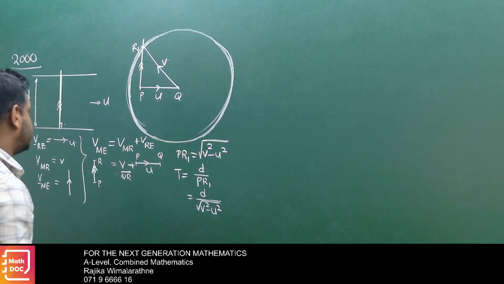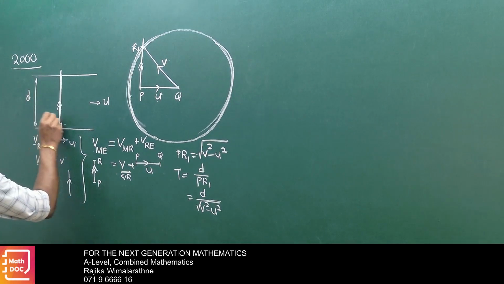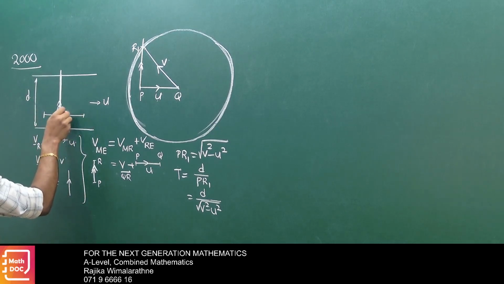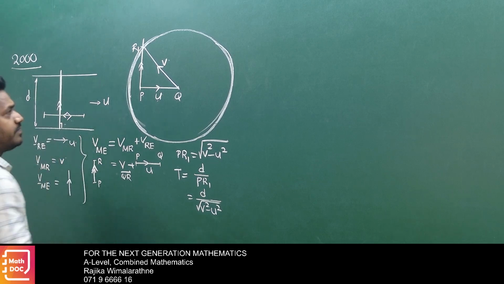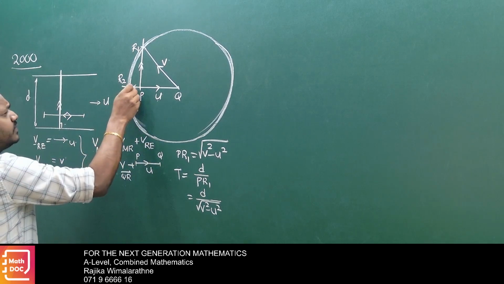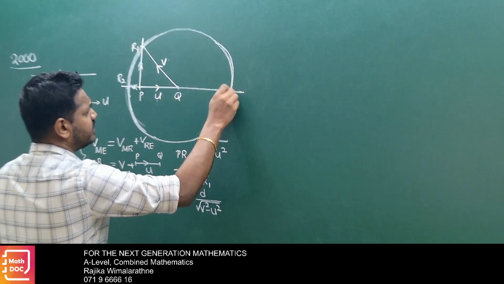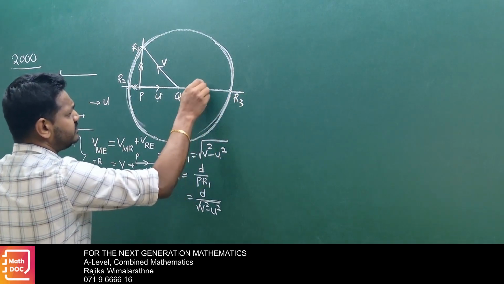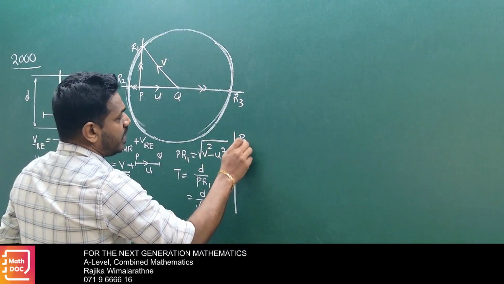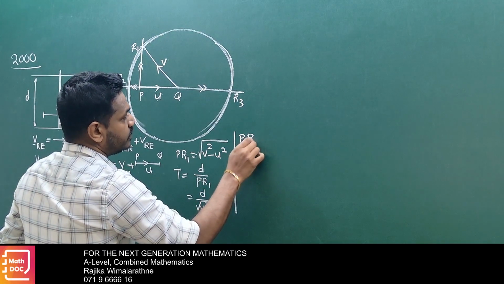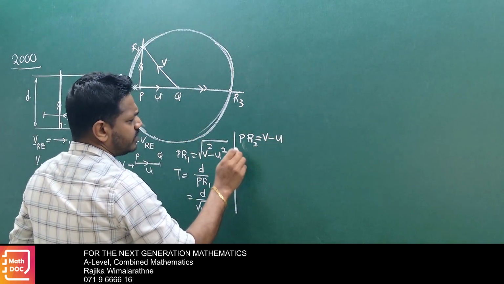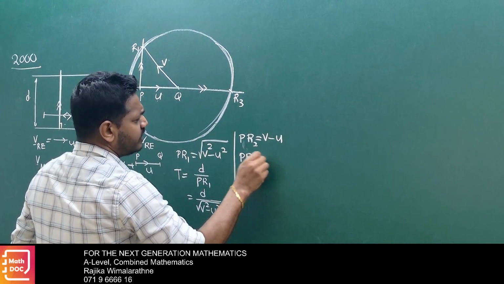Now thereafter he needs to move a displacement d upstream and a displacement d downstream. Here upstream is R2, and downstream is R3. Then PR2 upstream is v minus u, and PR3 downstream is v plus u.